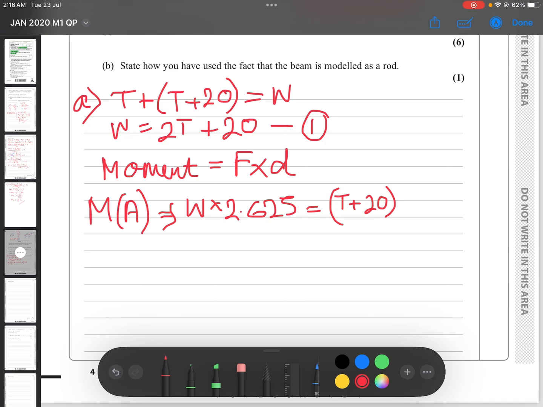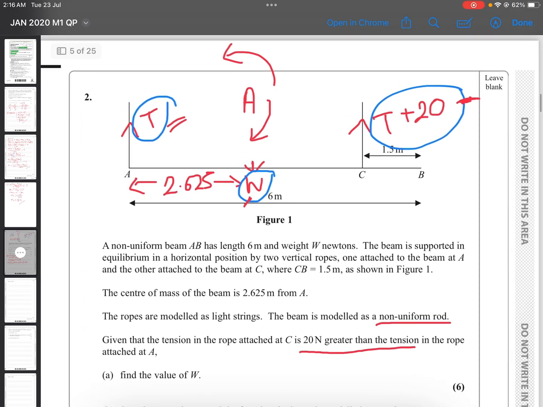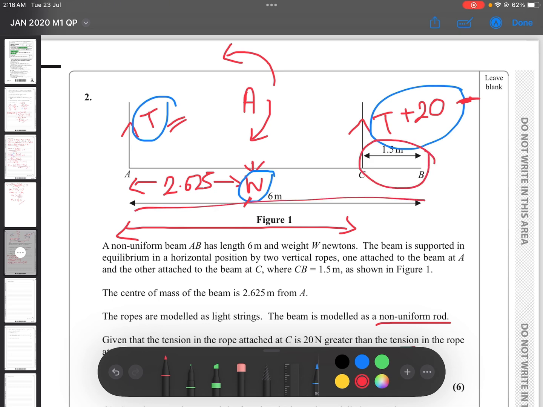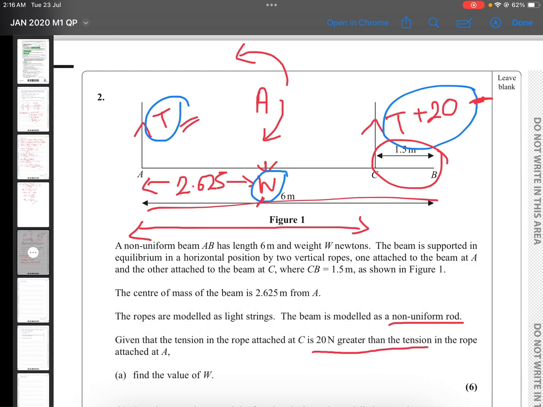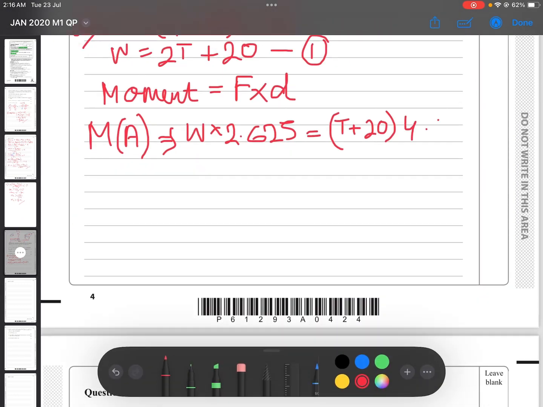And now the distance, I need the distance AC. I can get this by subtracting 6 minus this 1.5, which is equal to 4.5. So this will be multiplied by 4.5.